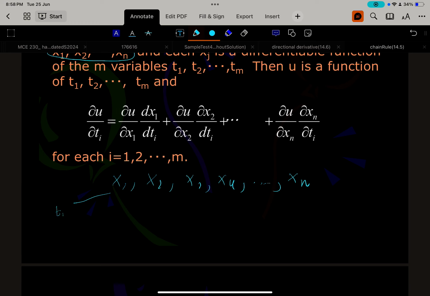So t1, t2, t3 up to tm. Here the same, t1, t2 up to tm, t1, t2 up to tm.